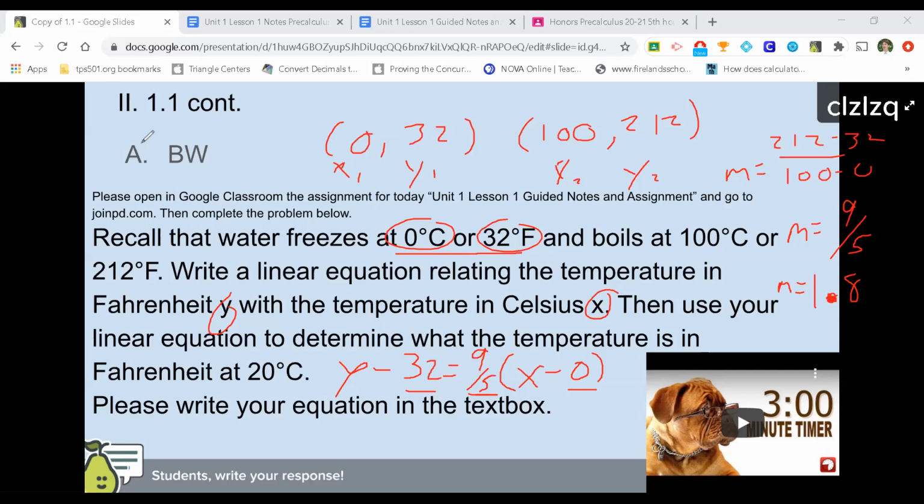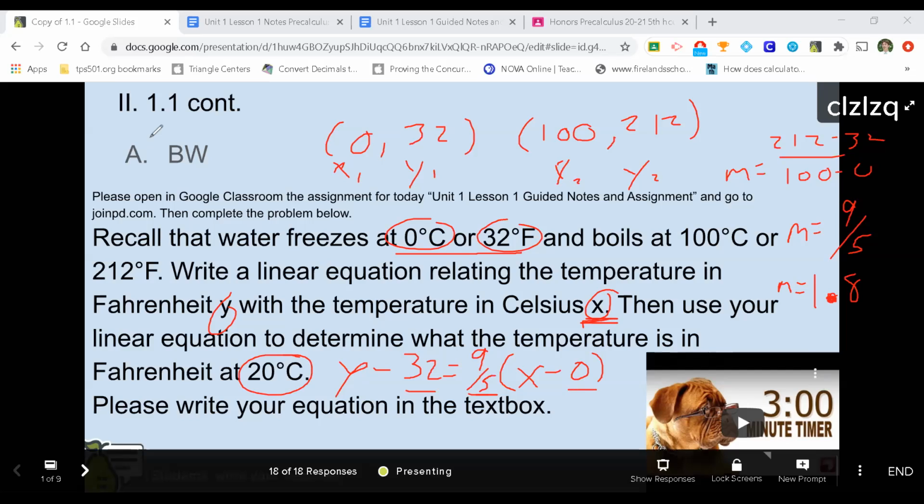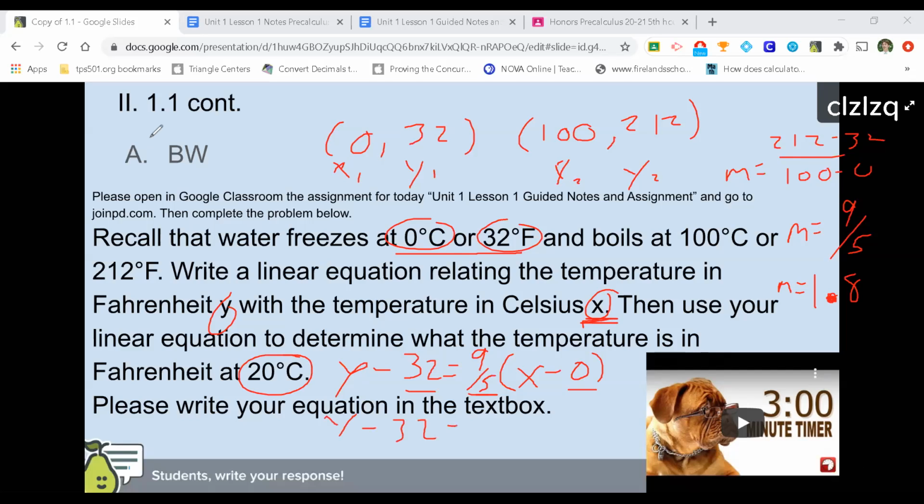And then when we plug in 20 for Celsius, which again is x, right, you should get y minus 32 is equal to 9/5 times 20, which is what, 36?